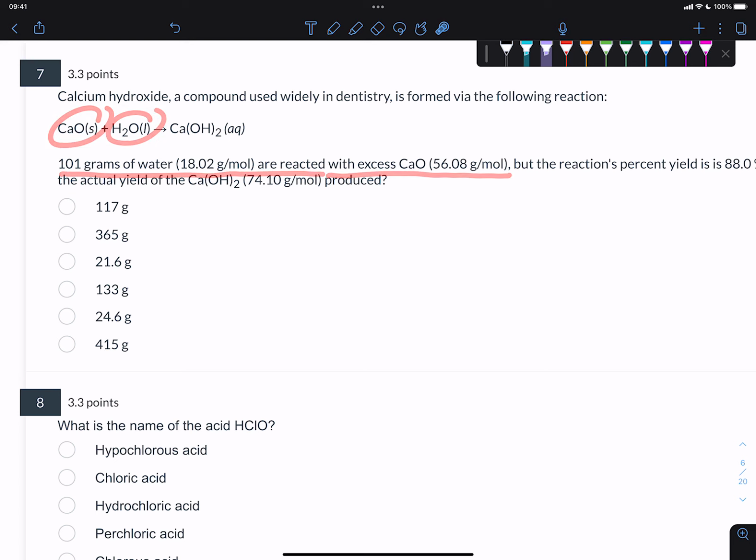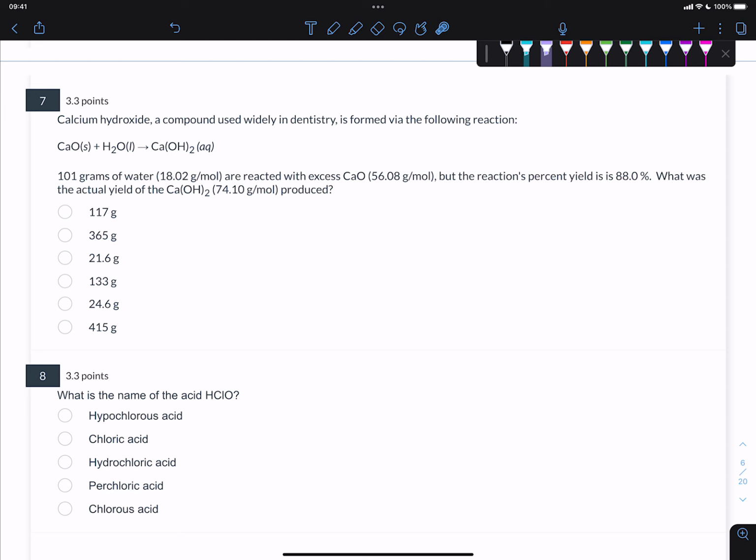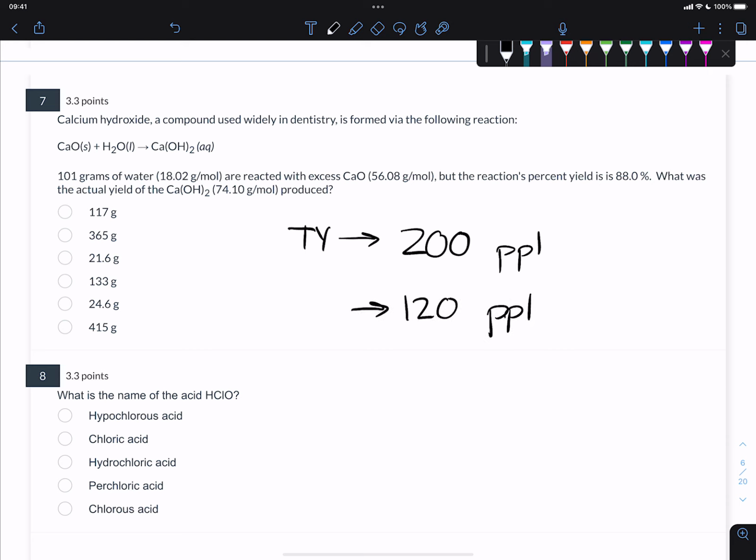Percent yield basically is like this. Let's say I invite 200 people to my party. I send out 200 invites. That's my theoretical yield. In theory, 200 people should show up. Now, if 120 people show up, that's my actual yield.